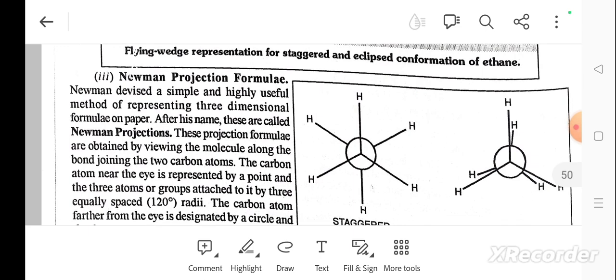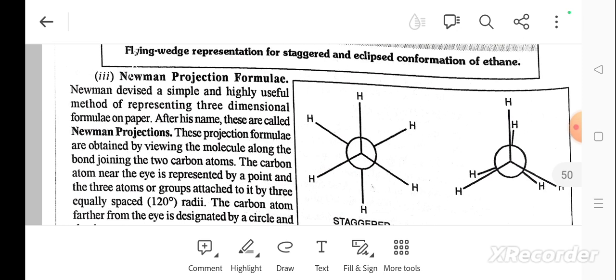Newman projection formula. Newman derived a simple and highly useful method for representing the three-dimensional formula on paper. After his name, these are called Newman projections. These projection formulas are obtained by viewing the molecule along the bond joining the two carbon atoms. The carbon atom nearer the eye is represented by a point, and the three atoms or groups attached to it by three equally spaced radii.